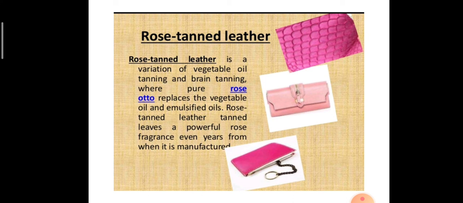Now, this is the rose tanned leather. Rose tanned leather is a variation of vegetable oil tanning and brine tanning where pure rose otto replaces the vegetable oil and emulsified oils.